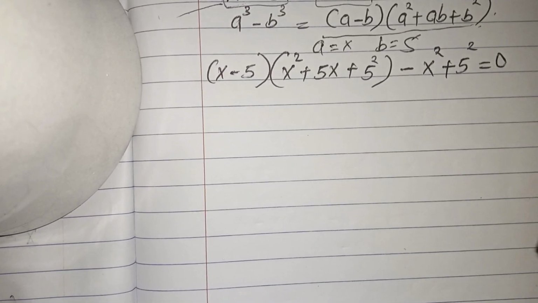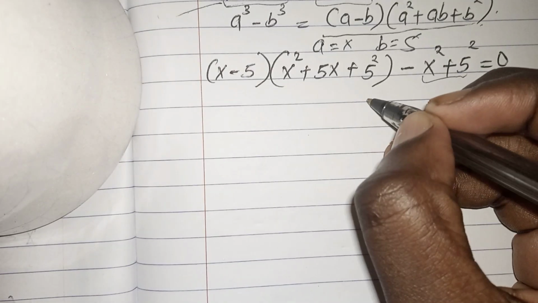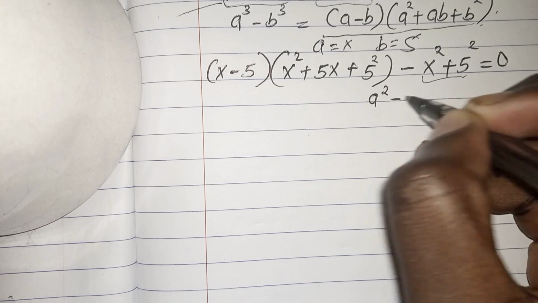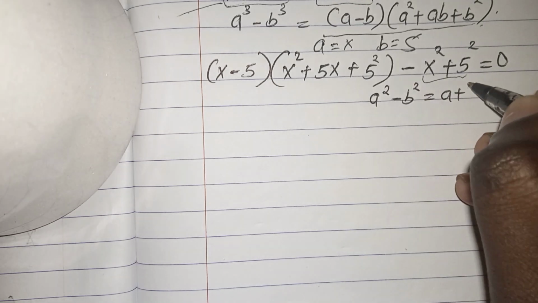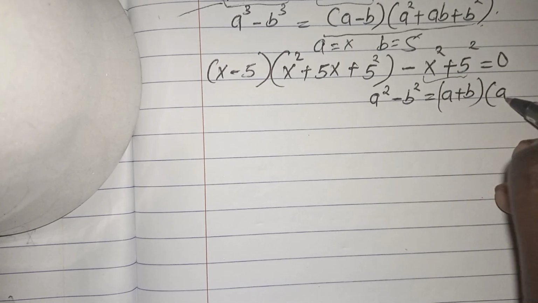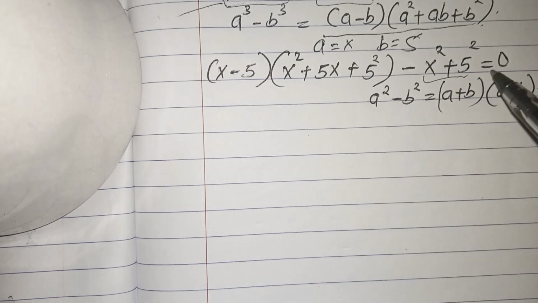Correct? So this is a difference of two squares. We're going to solve it using this identity: if you have a squared minus b squared, it is equal to a plus b into a minus b. So we are going to simplify this expression, then use this identity.